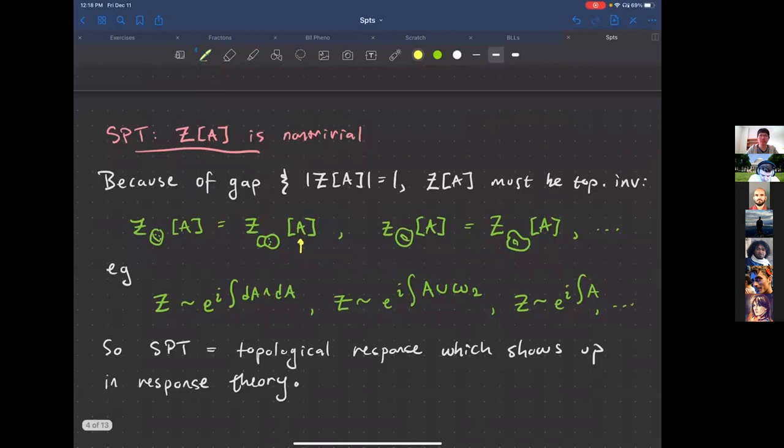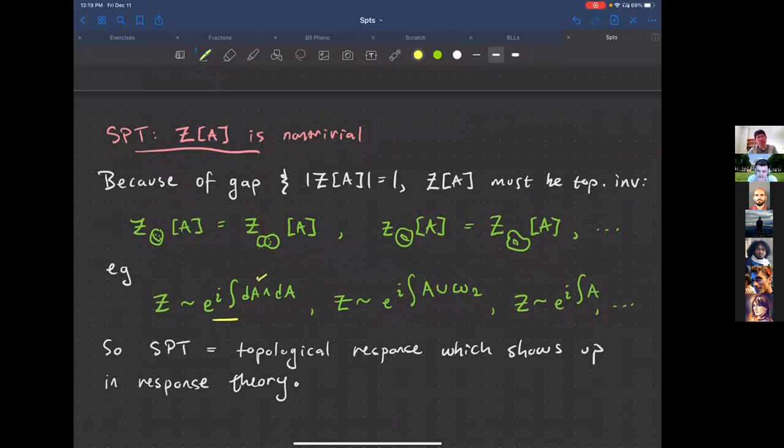Okay, assuming for now that the manifold is closed. So examples of such partition functions are, there's this one which we're going to look at in more detail in a bit. This is an example of a possible candidate for an SPT partition function in 4 space-time dimensions.